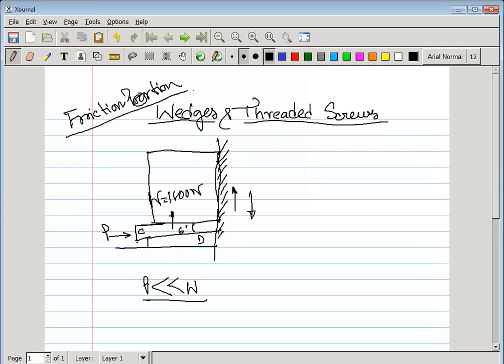Now during this motion, if we apply force, then on this surface, and also this surface, friction is created.